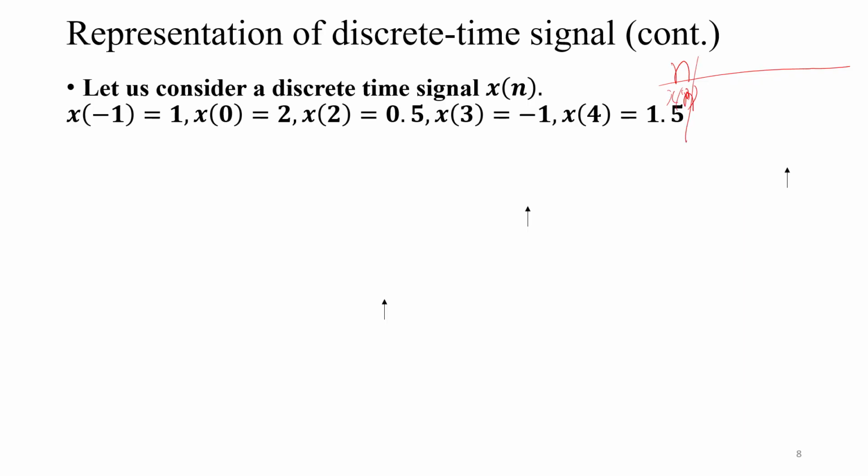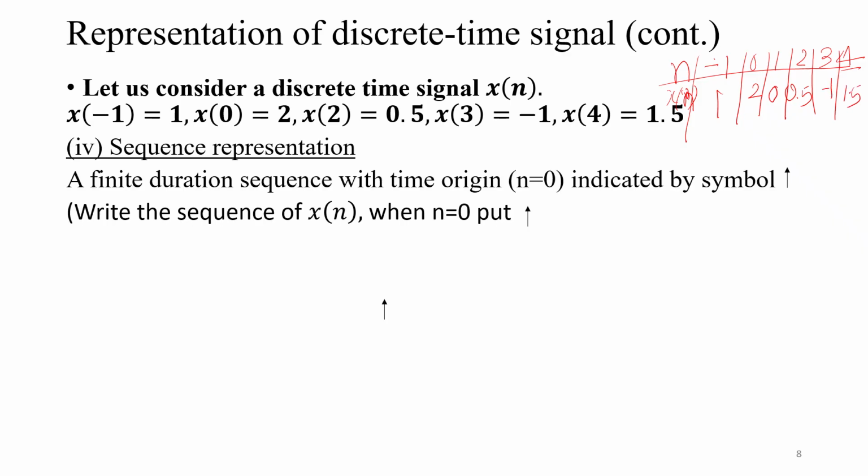First minus 1, then 0, 1, 2, 3, 4. So x of minus 1 is 1, x of 0 is 2, x of 1 has no value given so I write 0, x of 2 is 0.5, x of 3 is minus 1, x of 4 is 1.5. This is the tabular representation.